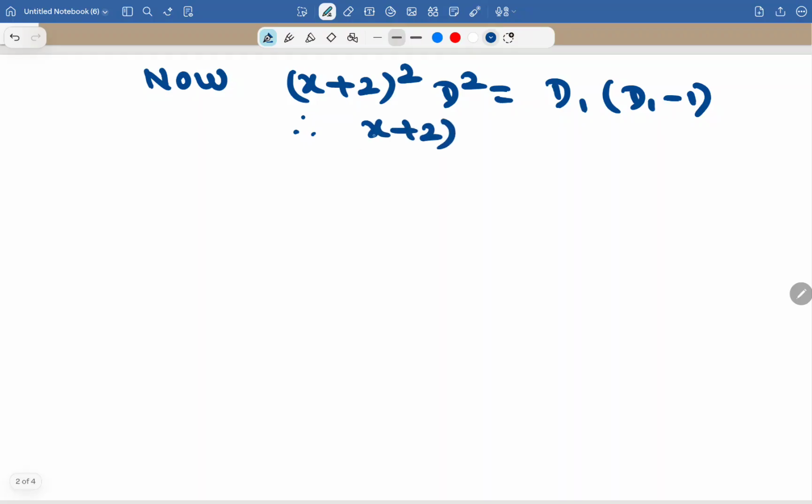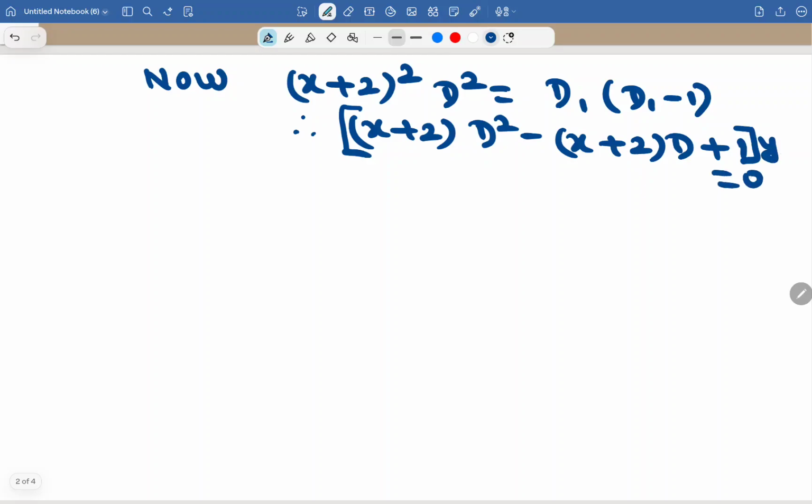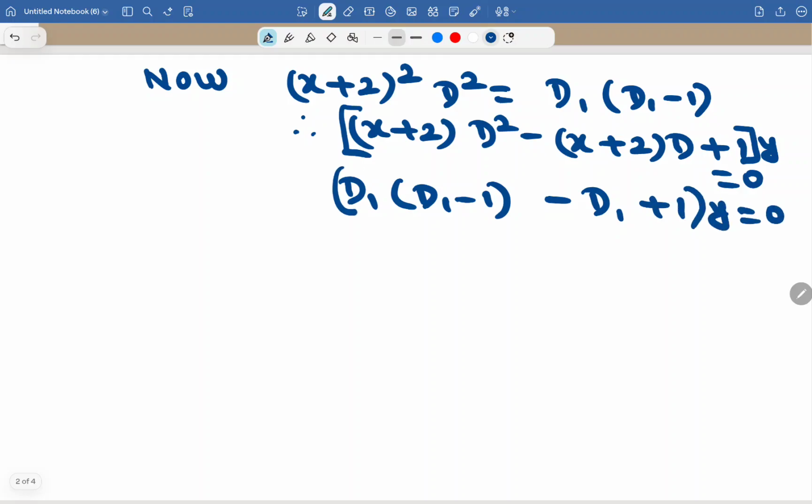Therefore x plus 2 whole square D square minus x plus 2 into D plus 1 of y equal to 0 will become D1 into D1 minus 1 minus D1 plus 1 of y, which is equivalent to 0.